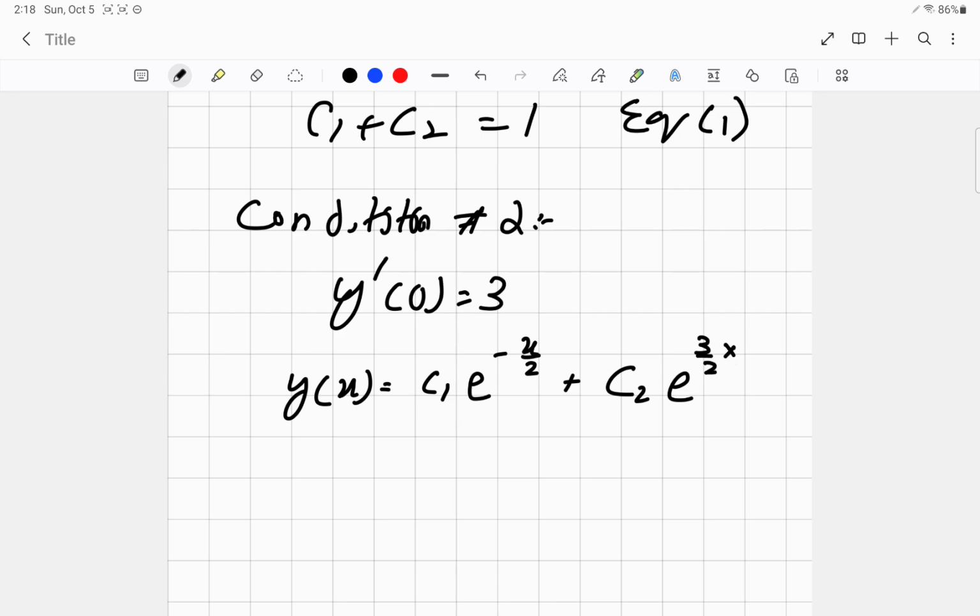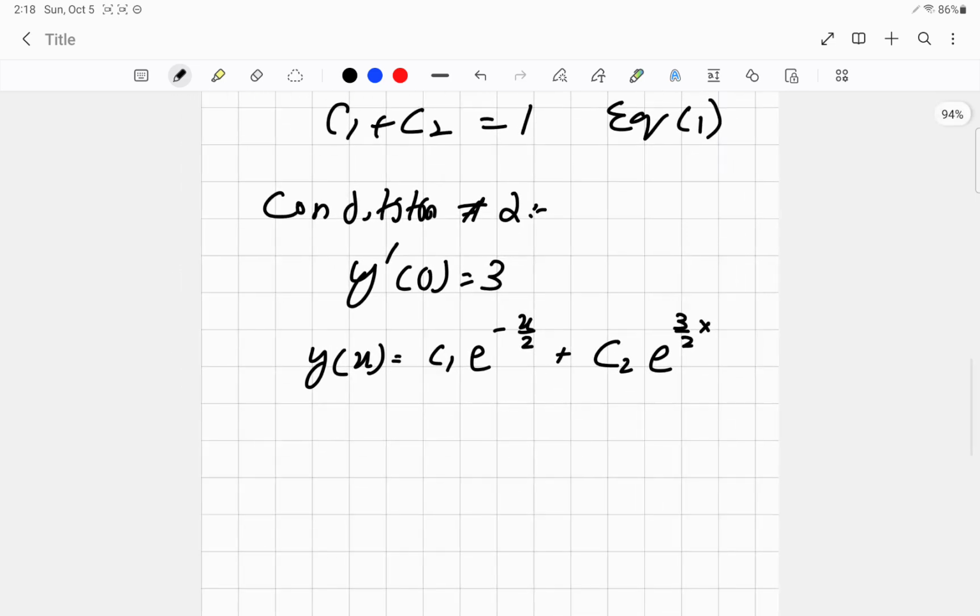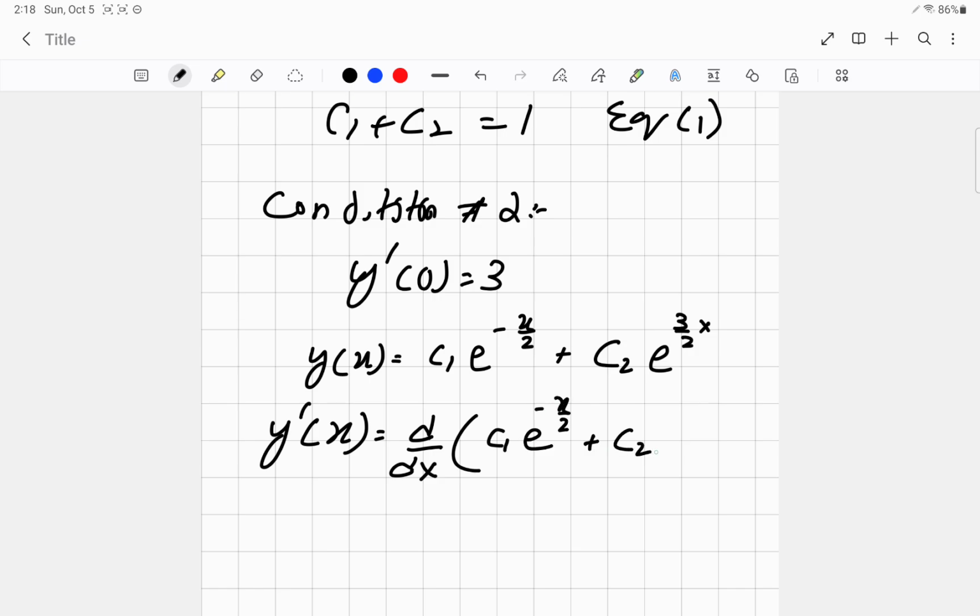Okay, so now let's differentiate on both sides. So this will become y dash of x, dy by dx, equals c1 e to the power of negative x by 2 plus c2 e to the power of 3 by 2 x.